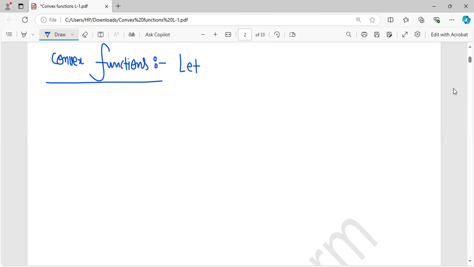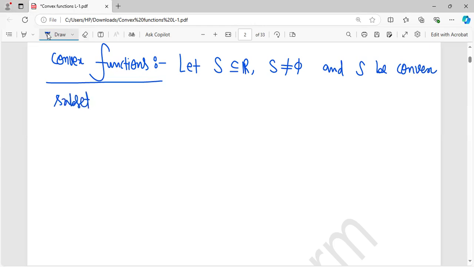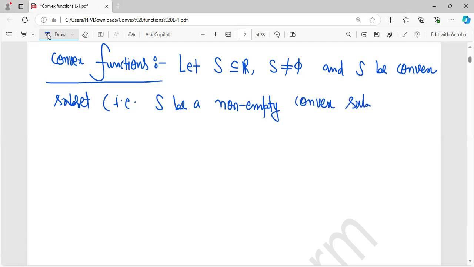So let S be a non-empty convex subset of R. What is the meaning of convex subset?